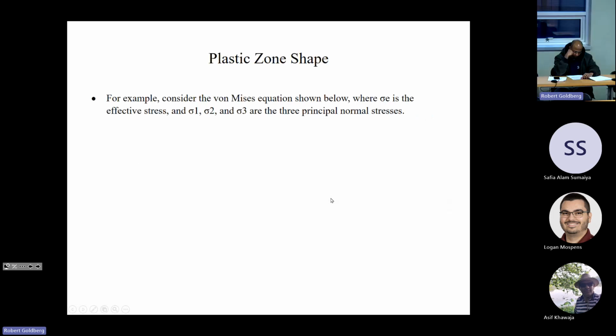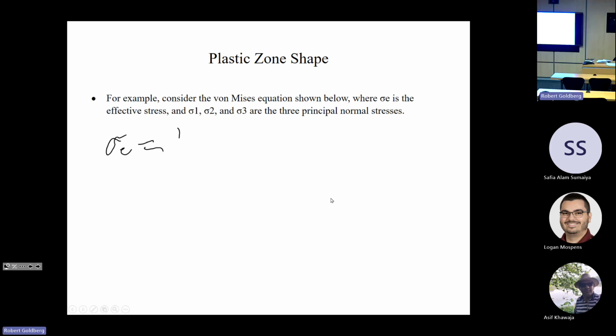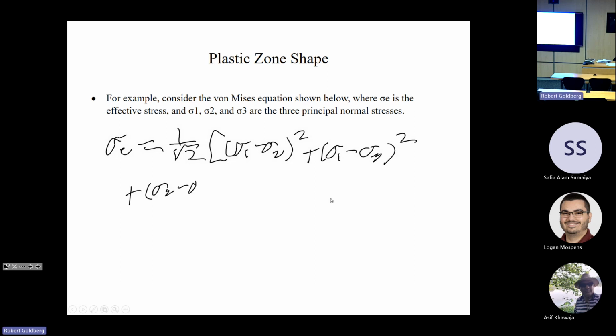So what we can do then is take the von Mises yield criterion, which I presume you have all run into at some point. The von Mises yield criterion says that yield occurs when you take this combination of your stresses, sigma 1 minus sigma 2 squared plus sigma 1 minus sigma 3 squared plus sigma 2 minus sigma 3 squared, to the 1/2.